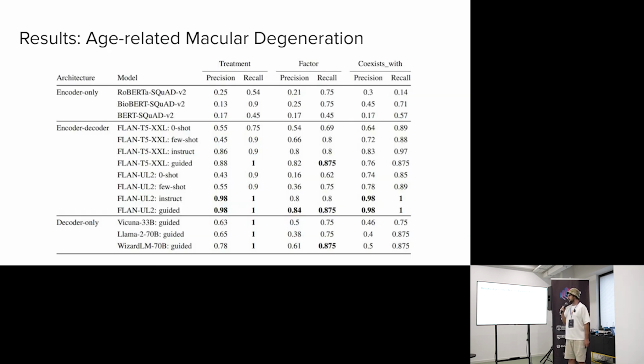So these are the results. Just a quick disclaimer here, and we also say it in the paper. We do not say that decoder-only models don't work at all. It's just that they didn't work for our data, and the prompt design that we designed did not work for all of them.